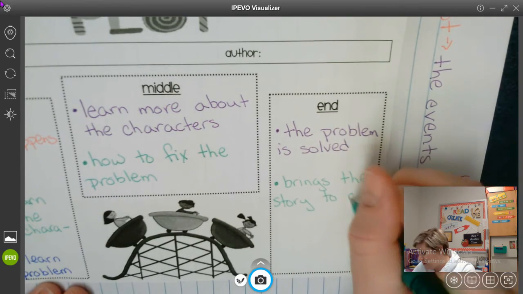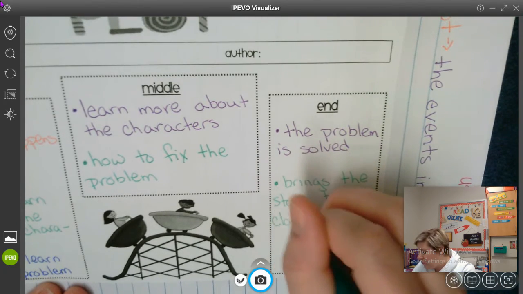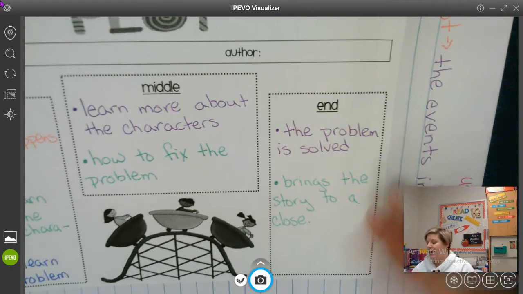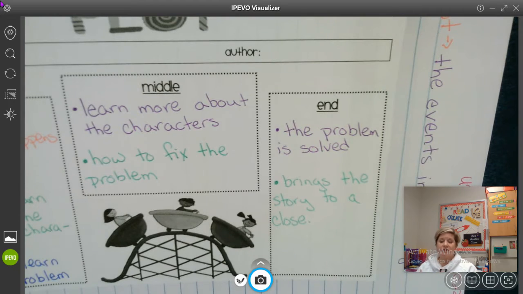Now, we all know those stories, and we've all seen those movies and read those books where it comes to a closing, but the closing leaves you asking a question, right?